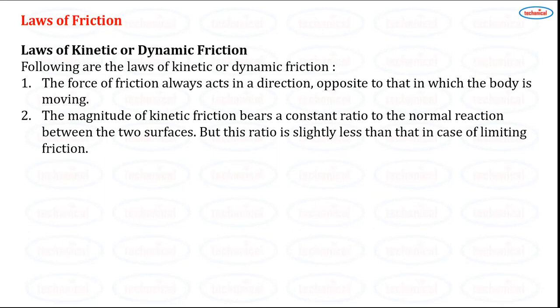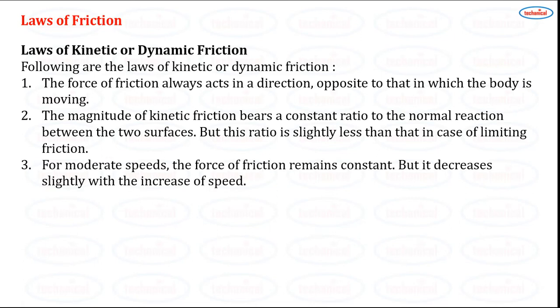Second, the magnitude of kinetic friction bears a constant ratio to the normal reaction between the two surfaces, but this ratio is slightly less than that in case of limiting friction. Third, for moderate speeds, the force of friction remains constant, but it decreases slightly with the increase of speed.